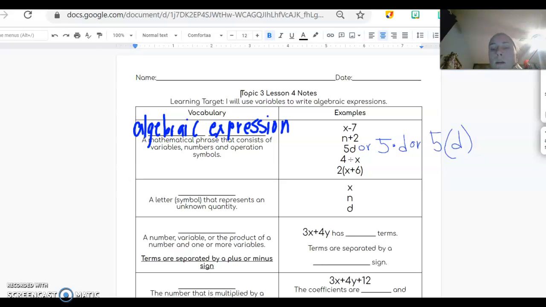Our next example, 4 divided by x. We can also write this as 4 divided by x as a fraction. Remember that fractions mean division, okay? So if I had 20 divided by 5, 20 over 5 as a fraction, I would know that that simplifies to 4.